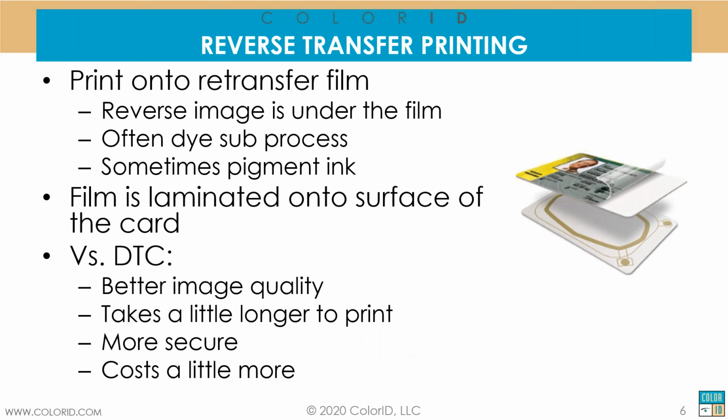So in a reverse transfer printer, the same die sublimation process is used, but instead of printing directly onto the surface of the card, the images are printed onto the back of a thin, clear film, and then the film itself is applied to the surface of the card.